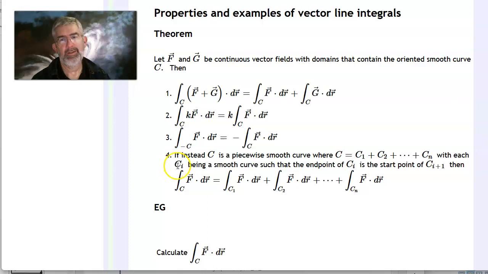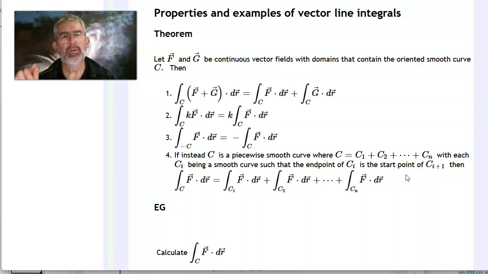Number four: up here we assumed that C was a smooth curve. I'm going to change that now to say, assume that it's just piecewise smooth. That is, C can be written as a sequence of curves, C1 plus C2 plus C3, where each of the Ci's are smooth curves, such that the endpoint of Ci is the start point of Ci plus 1.